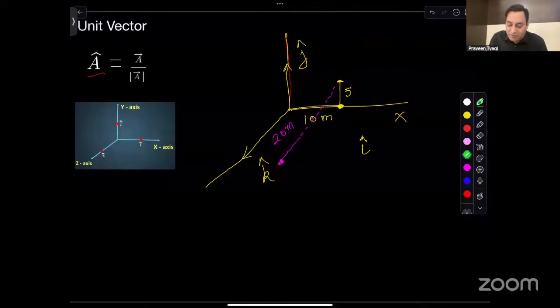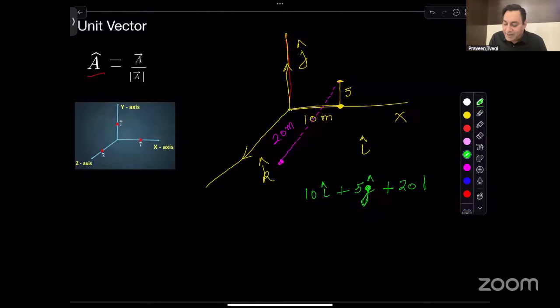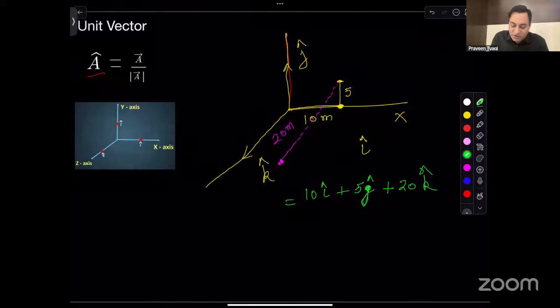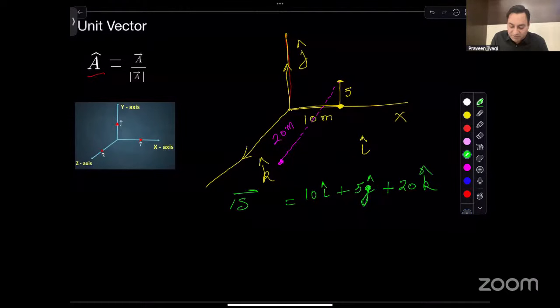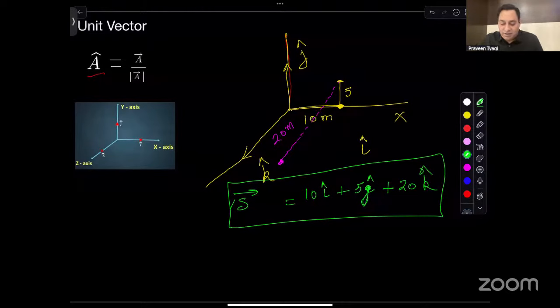The vector form will be 10 i cap plus 5 j cap plus 20 k cap. This will be the total displacement from origin, the displacement of the body. So this is how we write anything in the form of unit vectors, where unit vectors i, j, k are along the x-axis, y-axis, and z-axis.